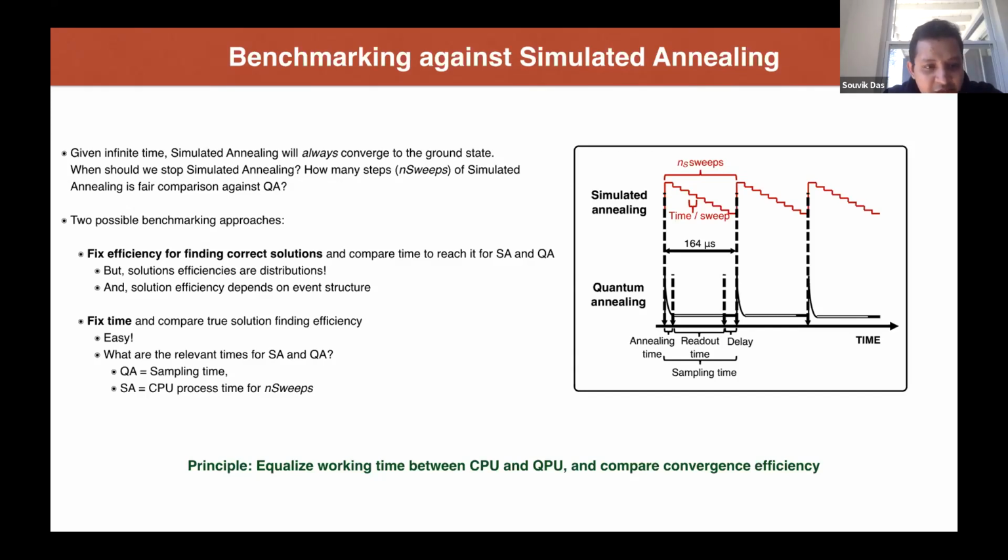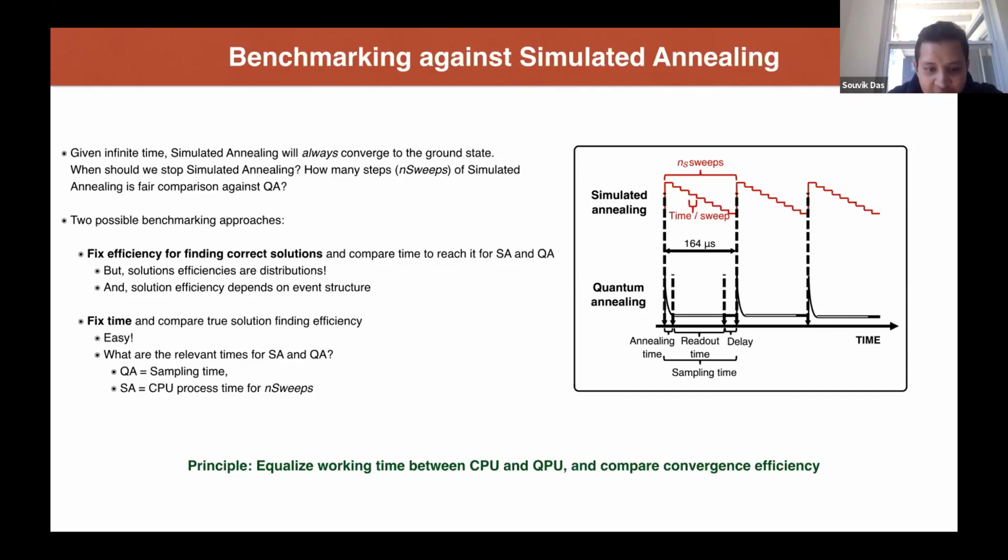The other easy thing to do is to fix the time. You allow the simulated annealing and the quantum annealing to operate on exactly the same amount of time and compare the true solution finding efficiency to get the right answer. This is easy to do. Then the question is, what are the relevant times for simulated annealing and quantum annealing? For quantum annealing it is obviously the sampling time, and for simulated annealing it is the CPU time spent on the number of sweeps that you're doing.